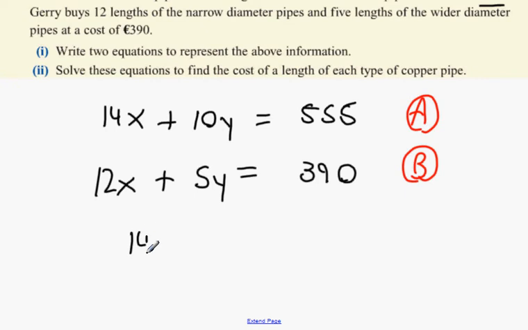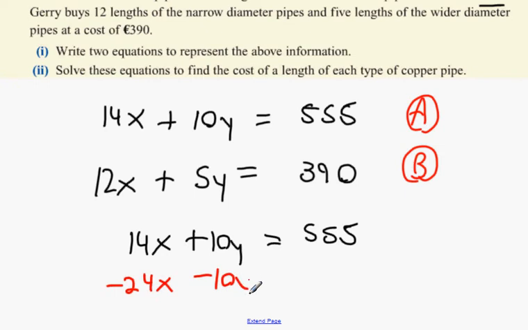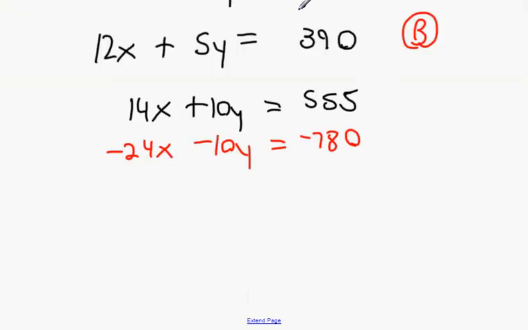So I'm going to have 14x plus 10y equals 555, minus 24x minus 10y equals 2 times that, which is 780, minus 780. Now what we're doing next is taking them away.